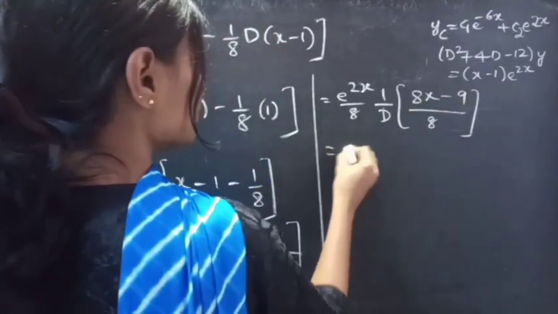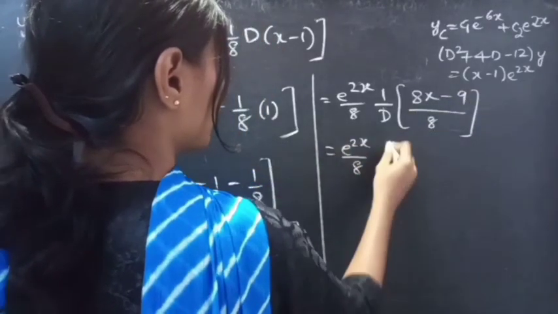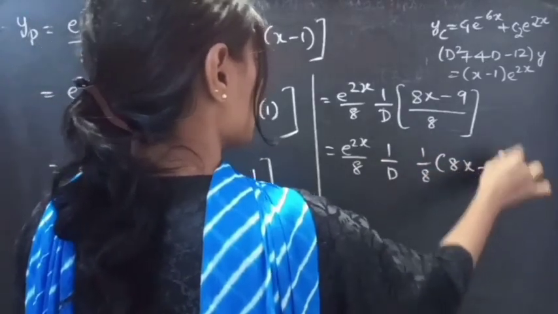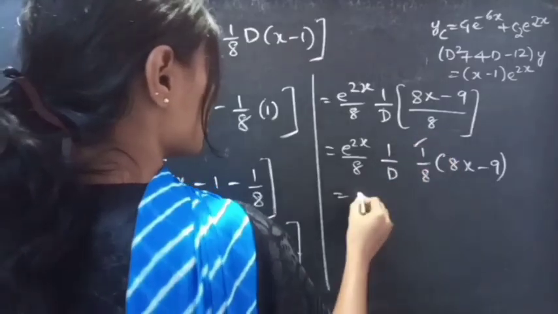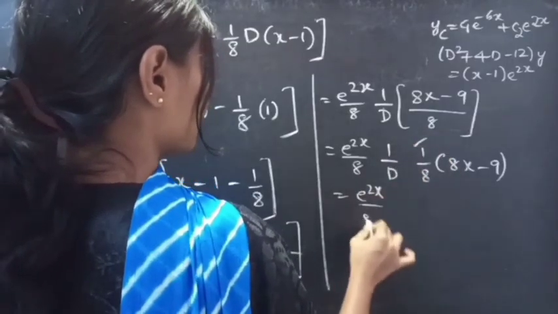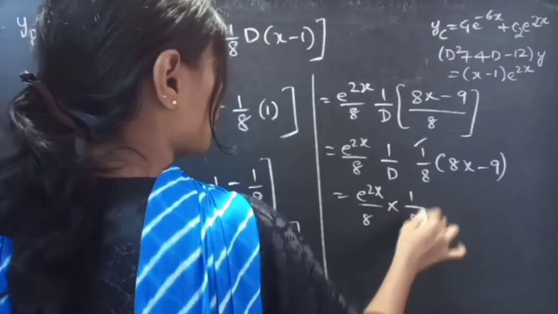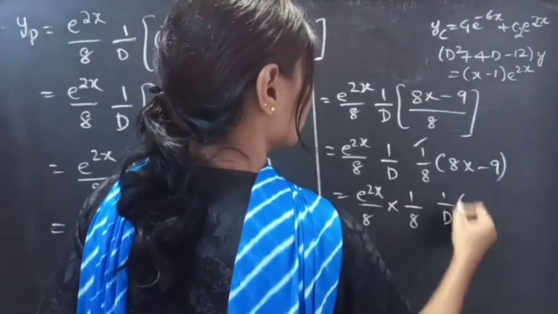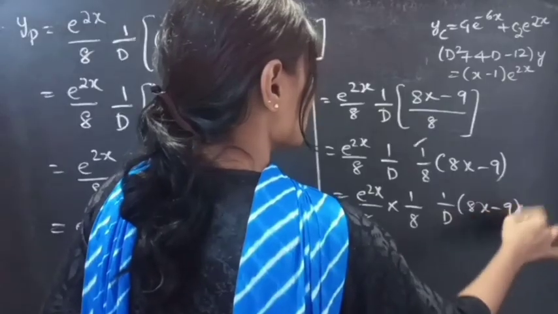Again, we can split this fraction as 1 by 8 into (8x minus 9). So take this constant towards the left, we'll get e power 2x by 8 into 1 by 8 into 1 by D into (8x minus 9).